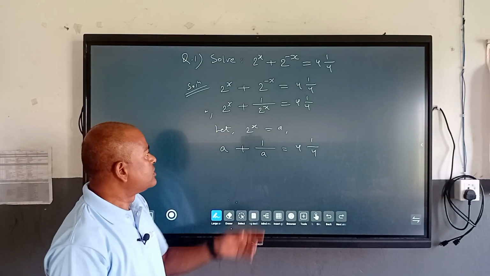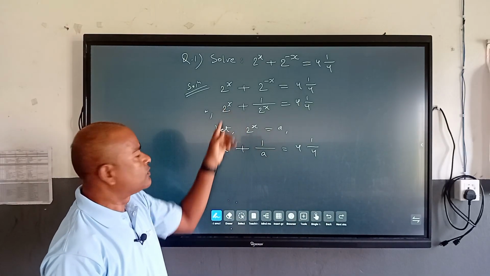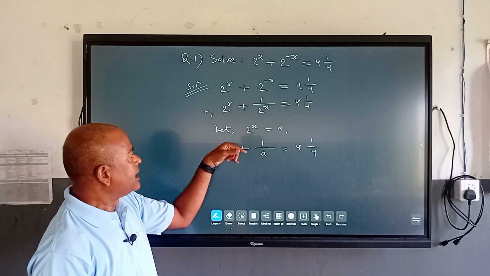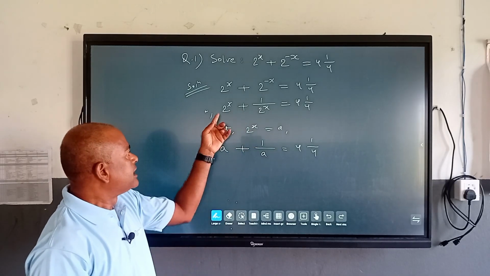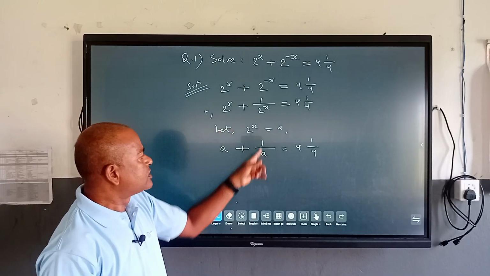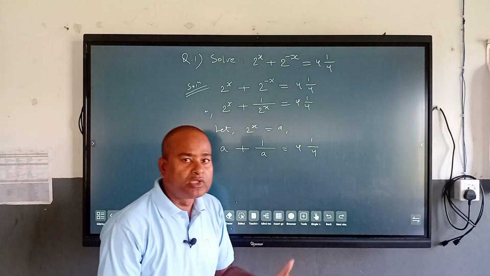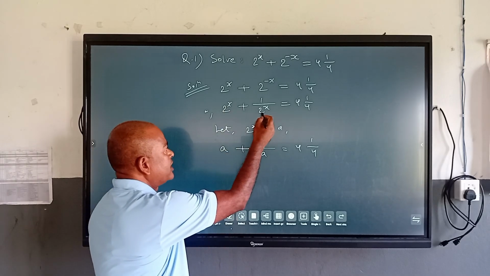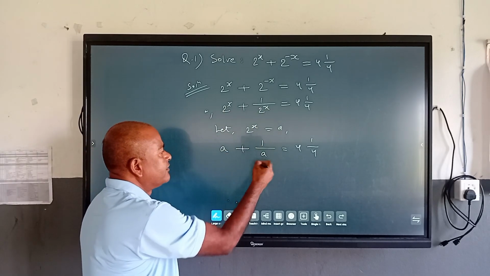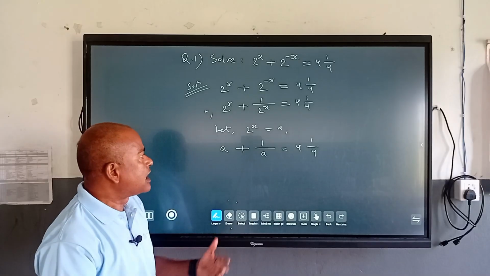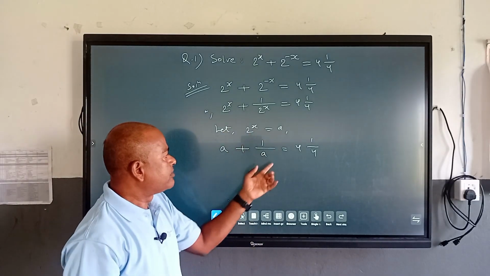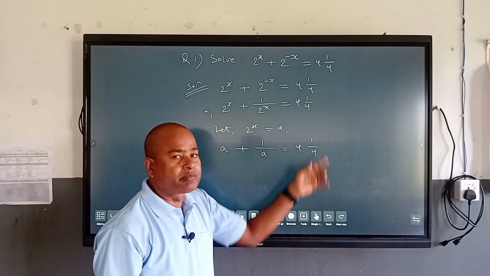Dear students, we have put the value of 2 power x equals a. So when we put 2 power x equals a in the above equation, we get a plus 1 by a equals 4 whole 1 by 4. So our exponential equation is now a plus 1 by a equals 4 whole 1 by 4.